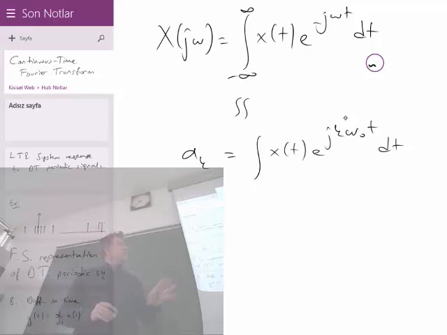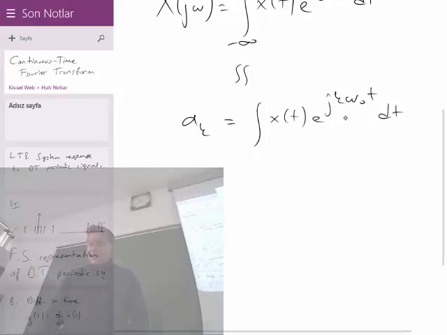But these Fourier series coefficients are only valid if x of t is periodic. Here, for the general class of Fourier transform, it doesn't have to be periodic. It can be just any signal. It may start at some point and at some other point, not necessarily periodic. Any kind of signal will have a Fourier series coefficient, a Fourier transform.